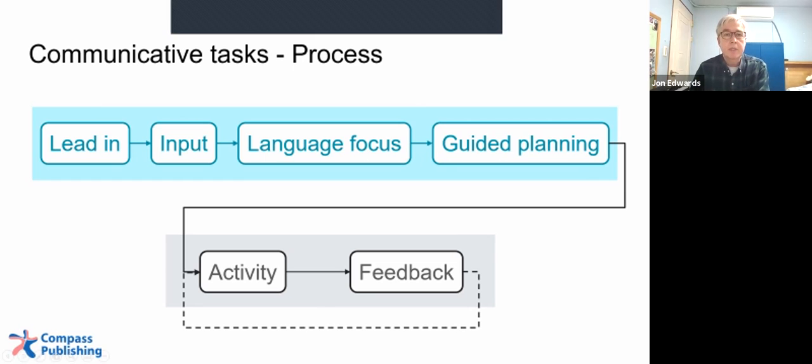Then we typically give them some kind of input, could be a video or an audio or reading or something like that, and we focus on some key language point. And then there's usually a guided planning phase in the process. Then we go into the actual activity, and we give them feedback. And we may want to also repeat that cycle again, allowing them to repeat the activity, for example, with another partner or another group.